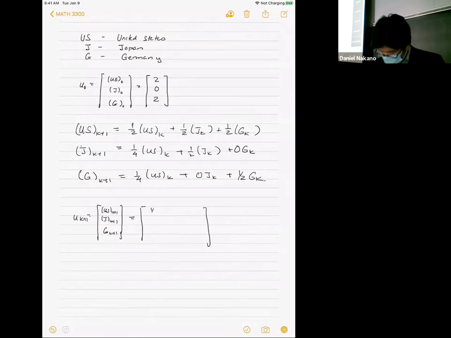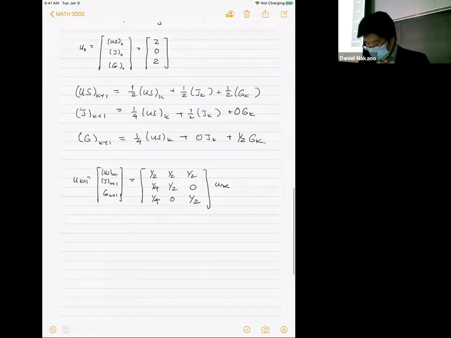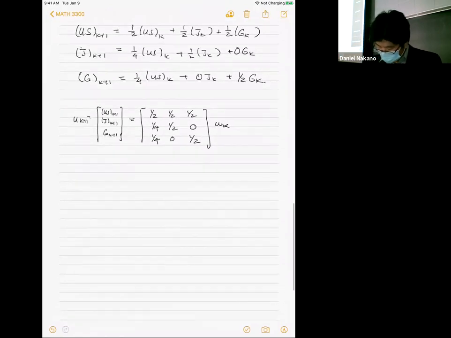So it's 1/2, 1/2, 1/2, 1/4, 1/2, 0, and 1/4, 0, 1/2 of the amount in the kth year, U_k. All right, so good. This is a difference equation, and this is A.